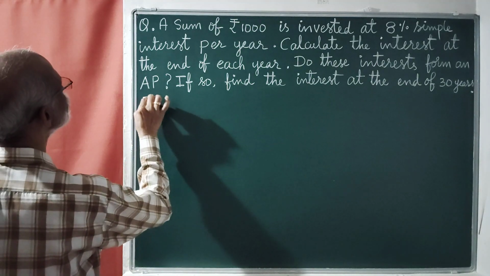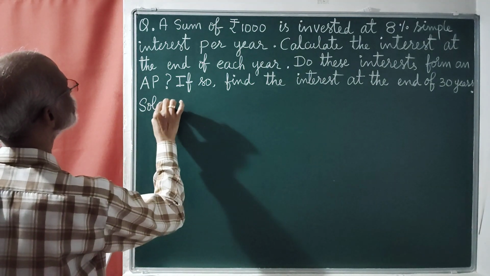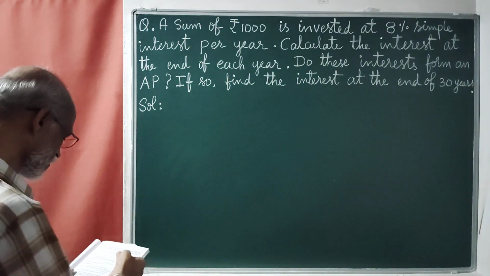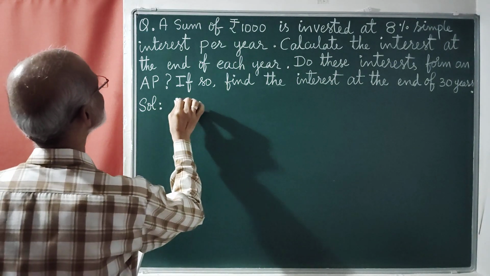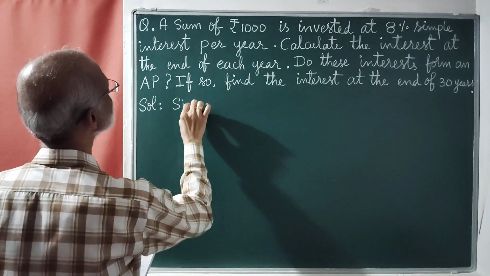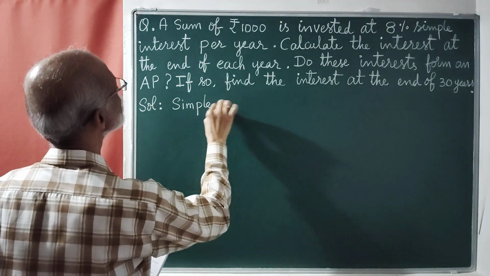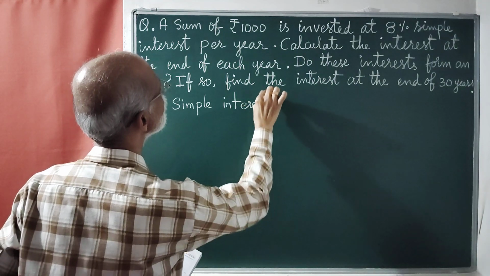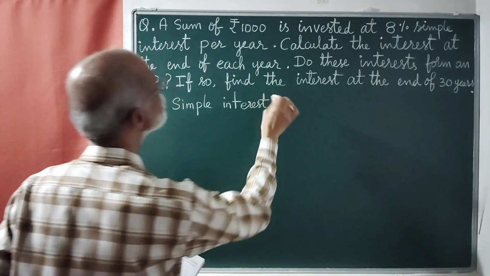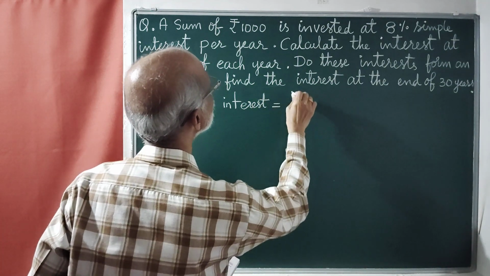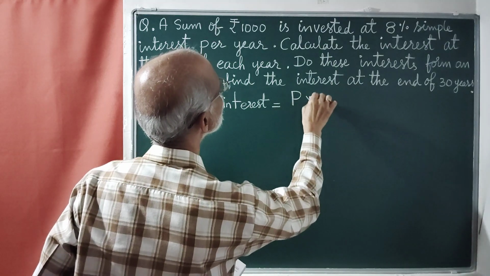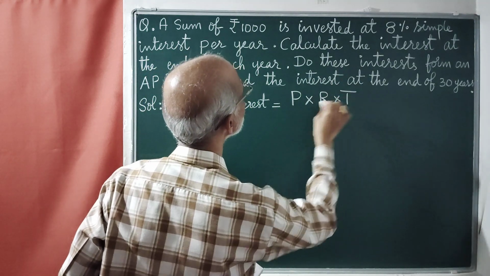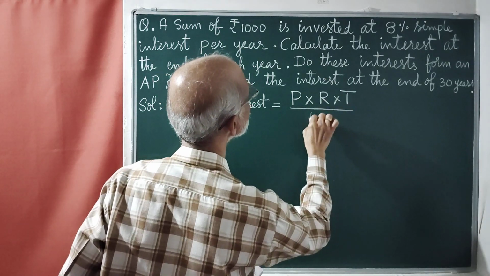So here we know that simple interest is equal to principal into rate into time by 100.